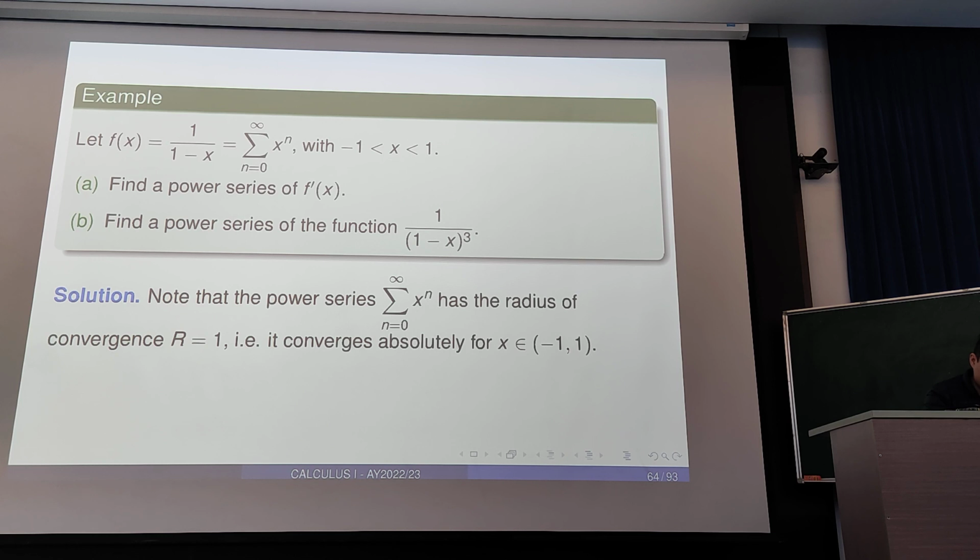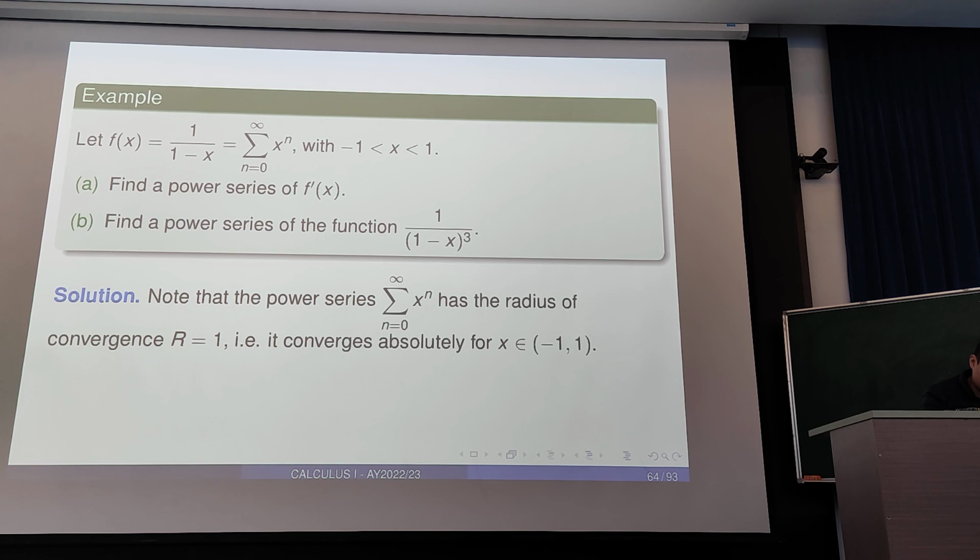This series is convergent for x satisfying this. So the radius of convergence for this power series is r equal 1, right? So in the first part, we need to find a power series of the derivative of f, first order derivative of f.